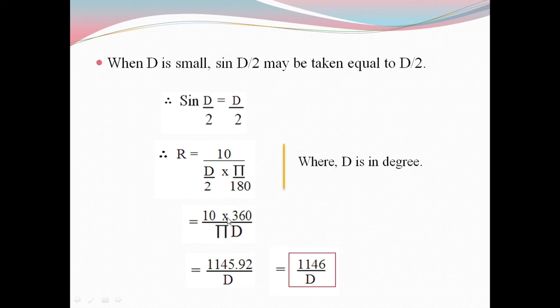So R is equal to 360 into 10 divided by pi into D. Converting with the arithmetic, R is equal to 1145.92 divided by D. This can be written as 1146 by D.